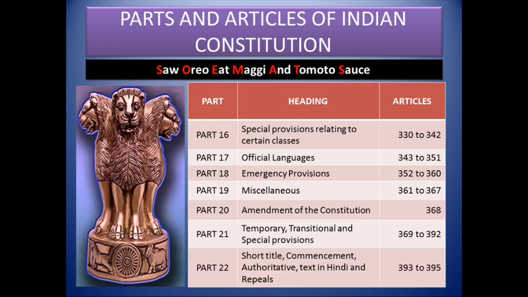Transitional means it may change over the duration of time. Such provisions are known as transitional provisions. And special provisions, if a provision is made for a particular case alone, that is called special provisions. Such things are covered in part 21 under Article 369 to 392.